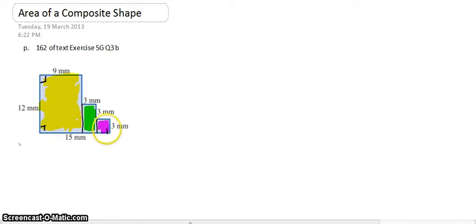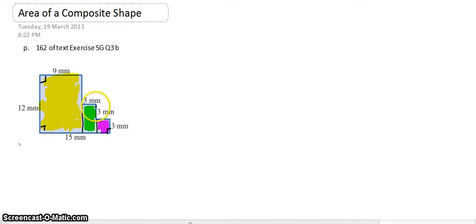So I'm making that assumption that there are right angles, so it's going to extend here as well.